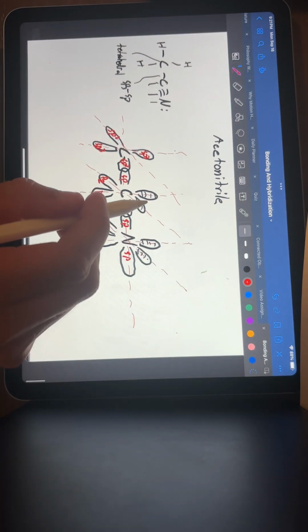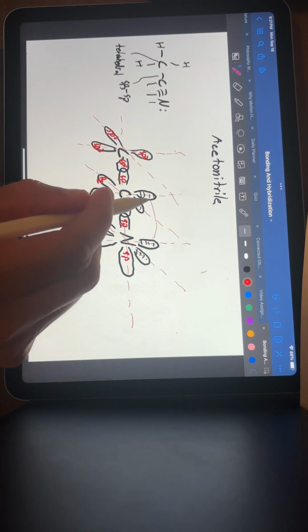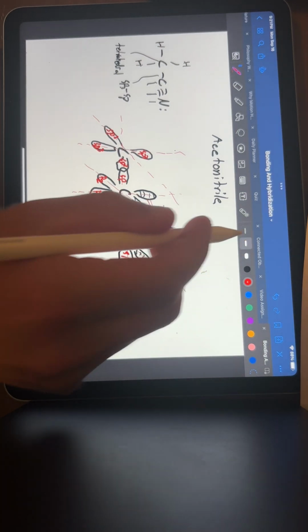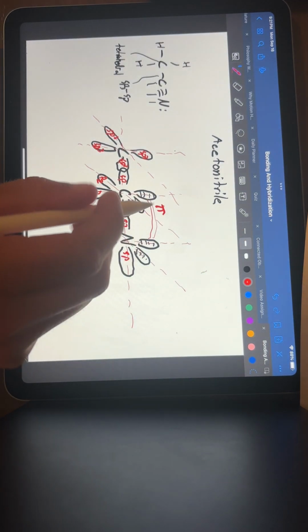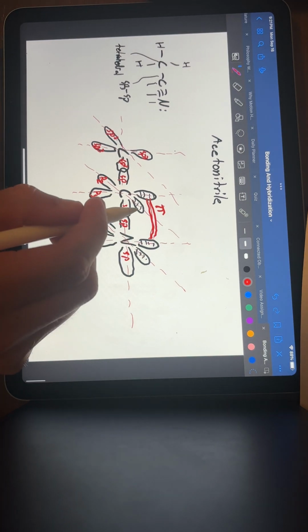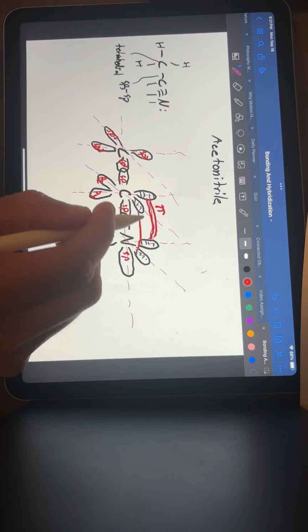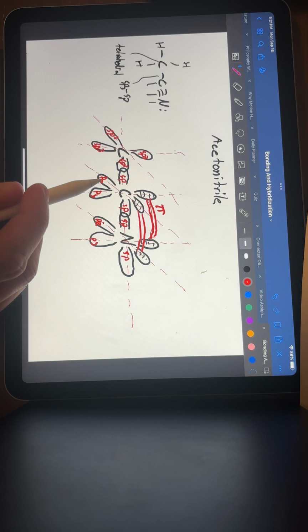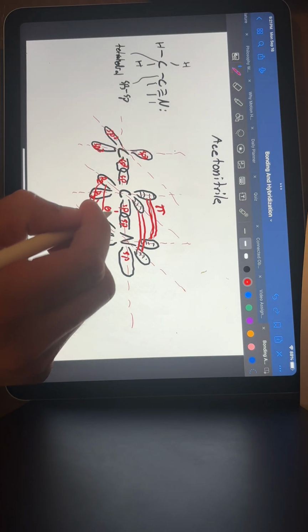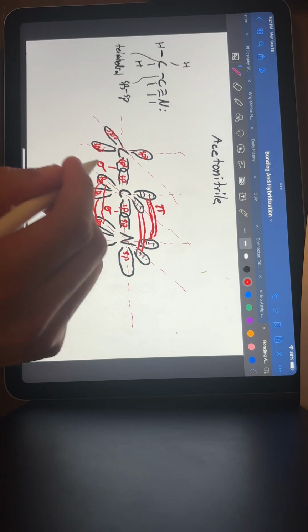So we have the pi bonds between these orbitals here. Those are the non-hybridized ones. Those are just the p orbitals, and these back ones here as well. Same thing on the front. The z connects to the z, and the y to the y. Those are pi bonds. These are the sigma bonds here.